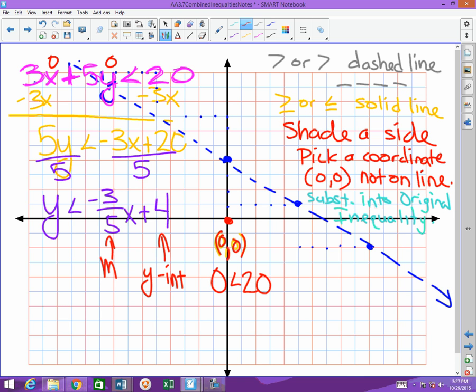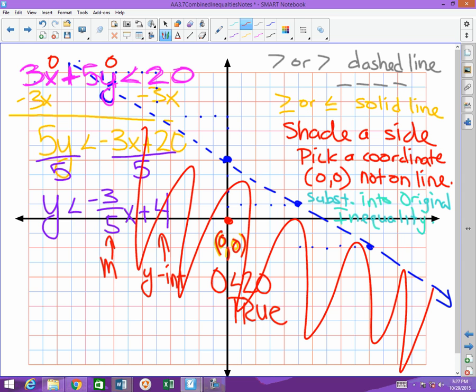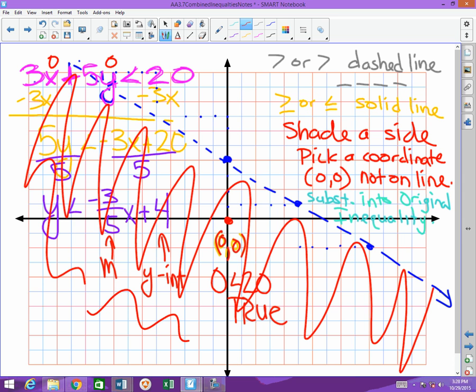Then you have to ask yourself, is this a true statement? Is 0 less than 20? In this case, it is. It is true, so we shade that side. This whole entire area is the side that is shaded.